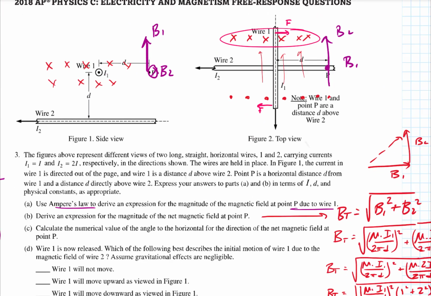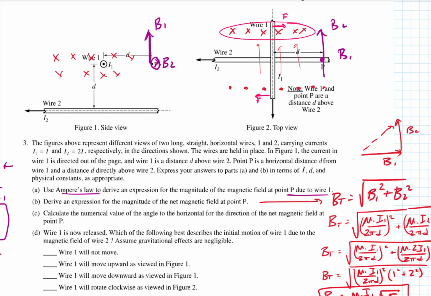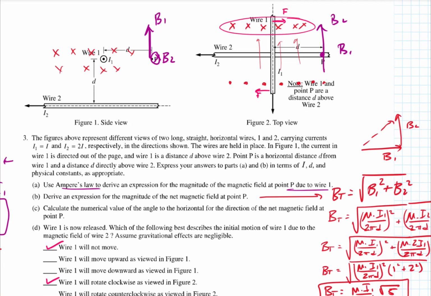So with those forces being equal in magnitude, we're not going to see any movement. It's not going to slide to the left or to the right, but we are going to see a torque. And that thing is going to rotate clockwise as viewed in figure 2. And then your justification for that answer needs to be an explanation of figure 2.